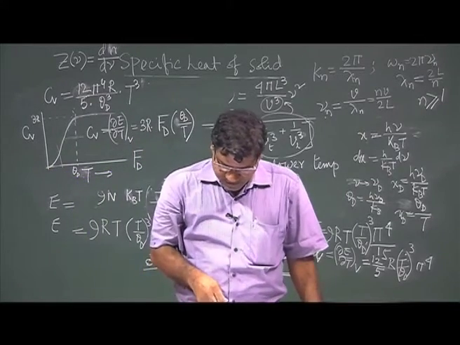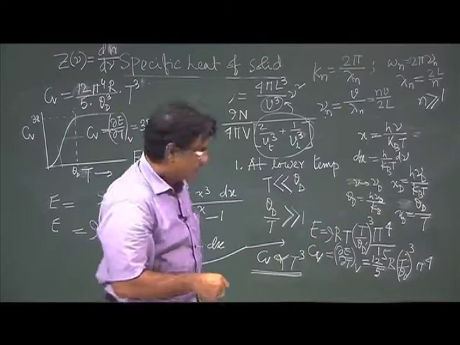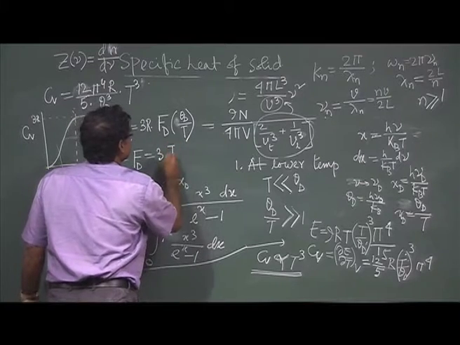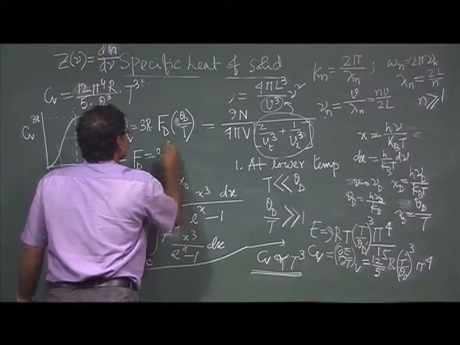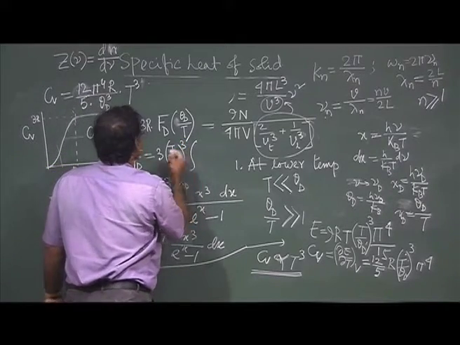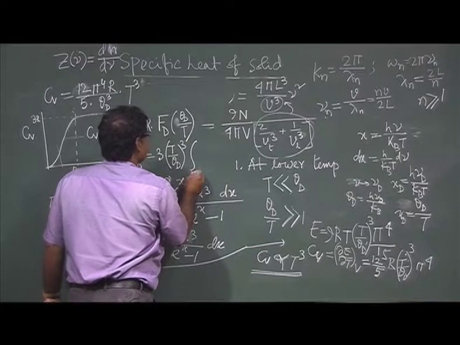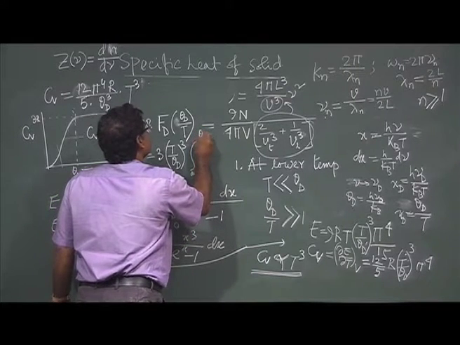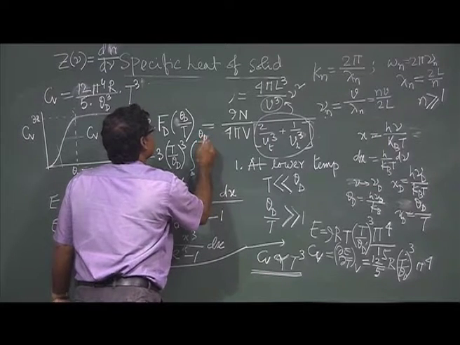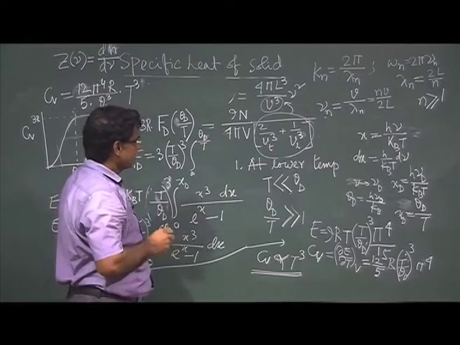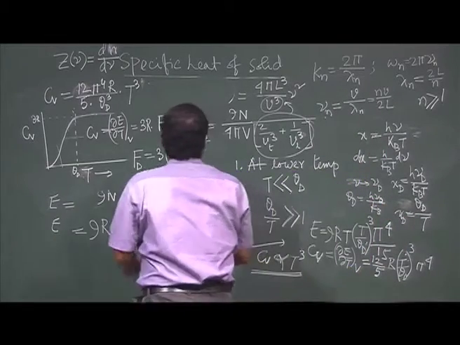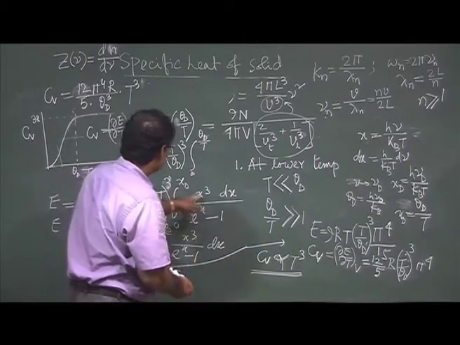It is 3 T by theta D cubed, and then the integration from 0 to theta D by T. Our x D was theta D by T, and then the x part was there.